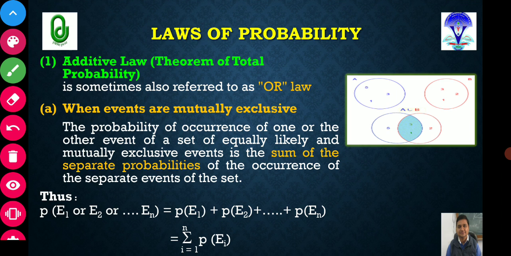So the first law is the additive law, which is also known as the theorem of total probability. Many times in numerical questions, you will see the common word "or", which is why it is also known as the "or" law. We'll see one example, then it will be more clear.